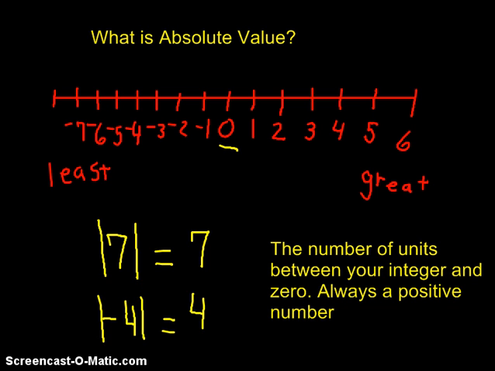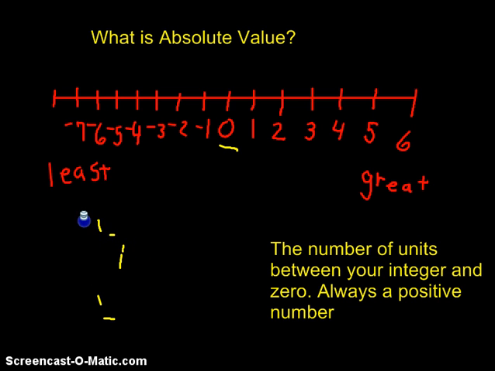Now, when you look at the absolute value, if you had two numbers that were both negative, the one with the bigger absolute value is actually a smaller number. What in the world do I mean by that? Let's do an example. If I had the number -8 and -3 and I was asked to compare them, I would say, well, which one has the bigger absolute value?